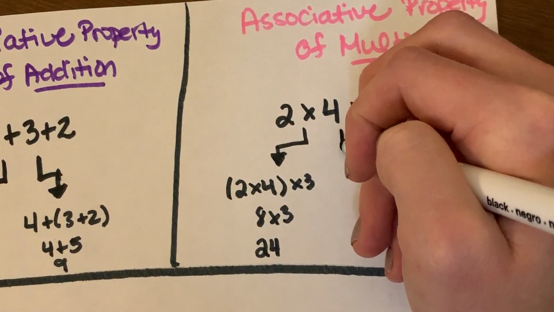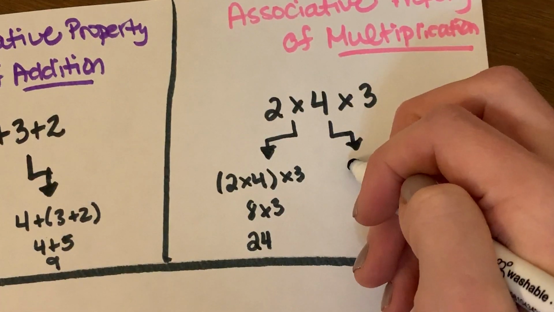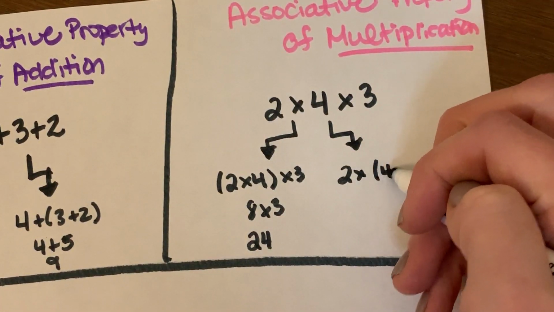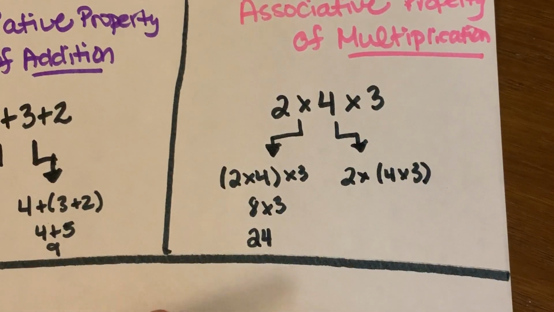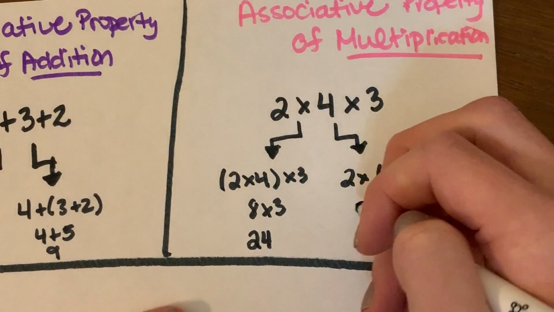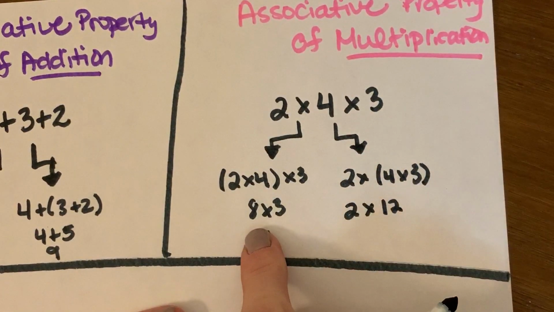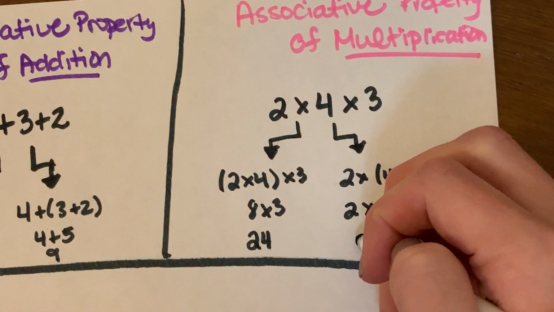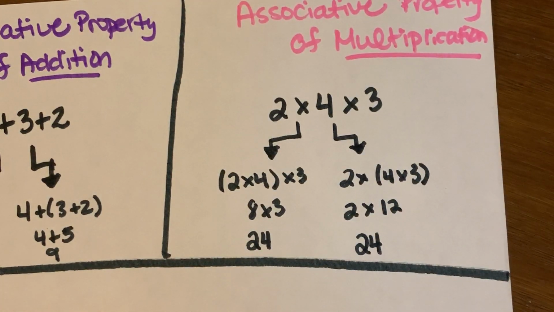Say I think, though, that it would be easier to multiply the 4 times 3 first. I don't mind doing 12 times 2. So then I have 2 times 12. 8 times 3 and 2 times 12 give me the same answer. They both give me 24.